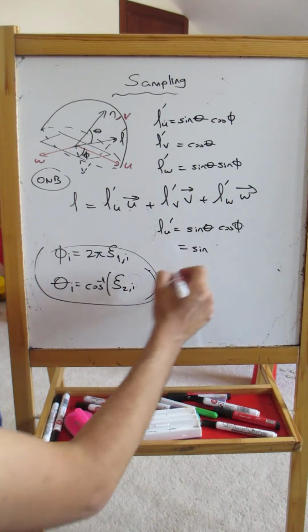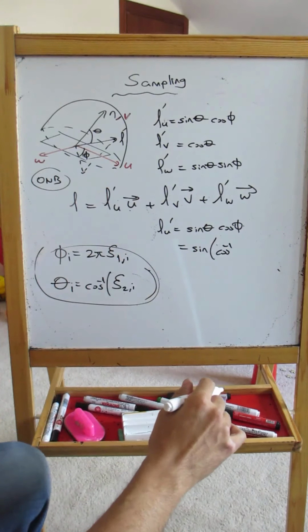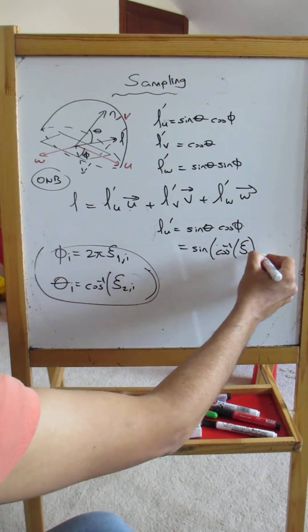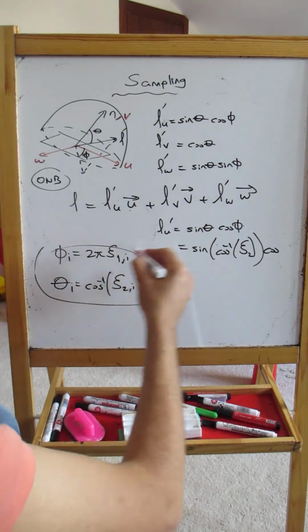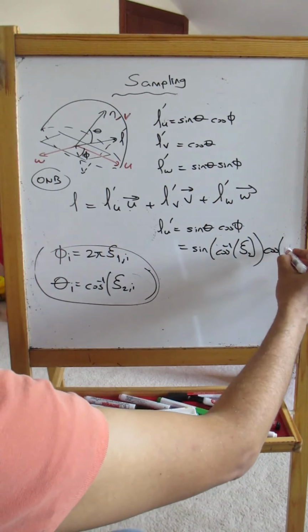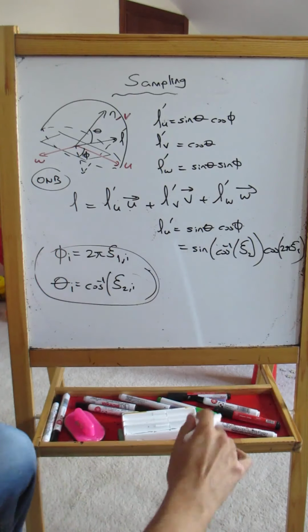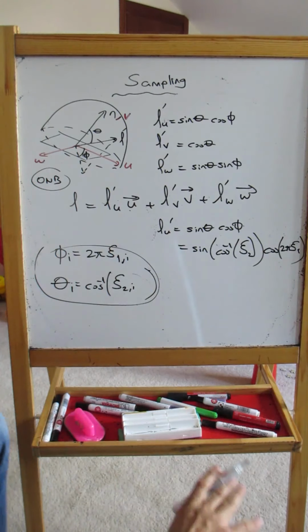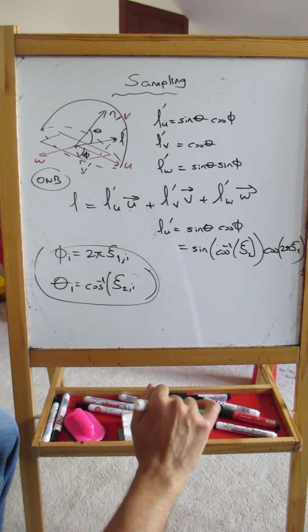Theta is cos^-1 of psi 2, times cos phi, and phi is 2 pi psi 1. So it's going to be like this. Now we are taking the sine of cos^-1.